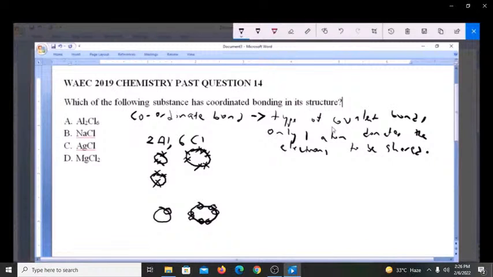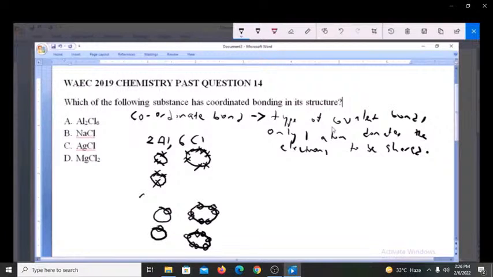Now silver also has 1 electron on its outermost shell in silver chloride. Silver has just 1 electron on its outermost shell, and it combines with a chlorine atom with 7 electrons on its outermost shell.